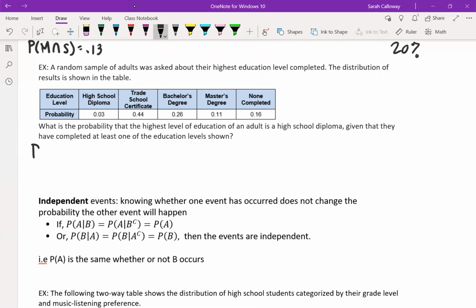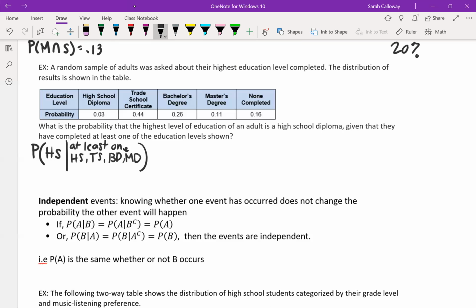So they want the probability of high school given at least one of high school, trade school, bachelor's degree, and master's degree. None completed would not be completing an education level shown, right?